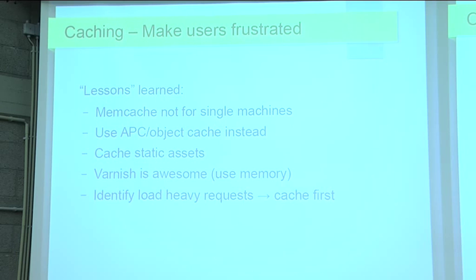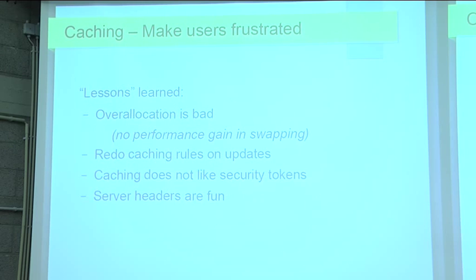So try it out, try around, and heavy requests first, but that's a no-brainer. Overallocation is pretty bad for memory. I noticed that when I accidentally typed in probably 20 gigabytes of RAM. And swapping is not a performance gainer.